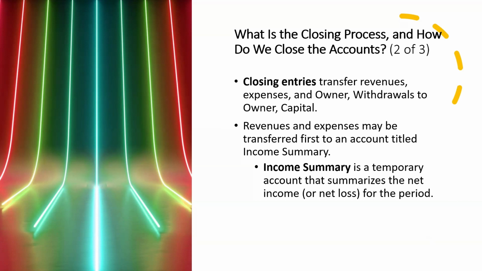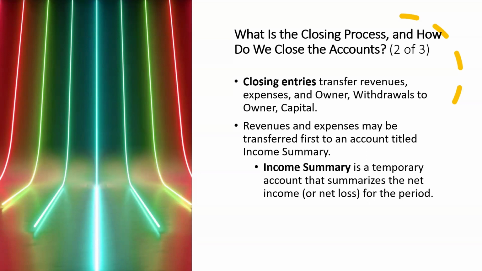As an interim measure, revenues and expenses may initially move to an account termed income summary, okay? Acting as a temporary repository, the income summary account serves as a conduit for the temporary storage of revenues and expenses before their ultimate transition into the owner capital account.